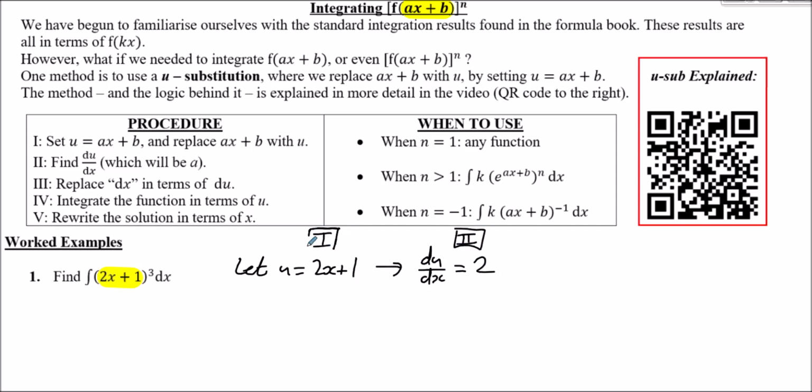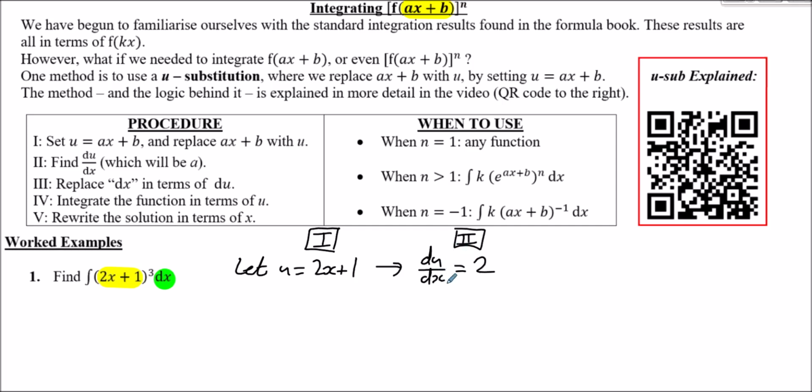I won't write these steps out all the time, but just to show you for now where they're coming from. So then I need to replace dx in terms of du. If I think about du by dx as one fraction equaling 2, I've said this before, calculus derivative notation aren't actually fractions, but as a shortcut, we can treat them as fractions essentially.